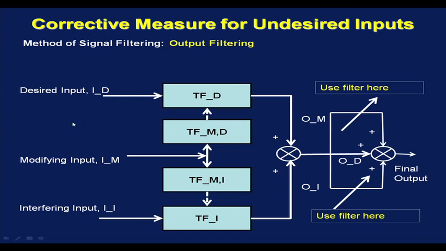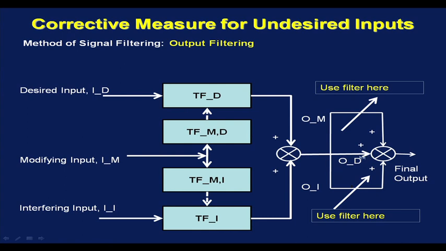I can also introduce filters to the output signal. Again, consider the same block diagram. In case of input filtering, we put filters to the modifying input signal as well as to the interfering input signal. In case of output filtering, we will introduce filters at the output signal.